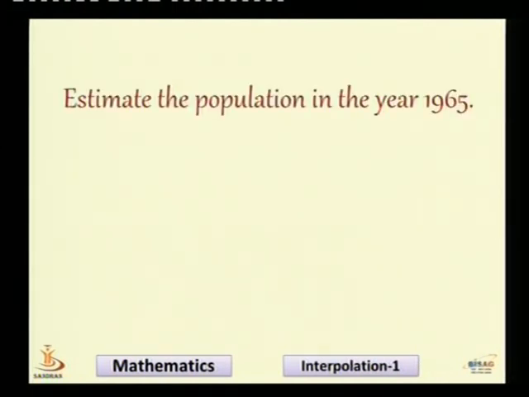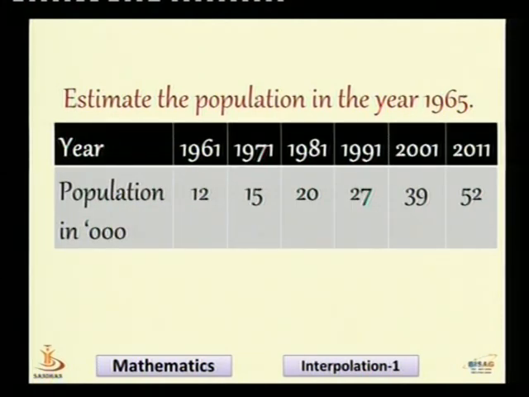We are supposed to estimate the population in the year 1965. Now, as we can see from the table, 1965 lies between the years 1961 and 1971. What do we observe here? That 65 lies between the first point and the second point of the table.